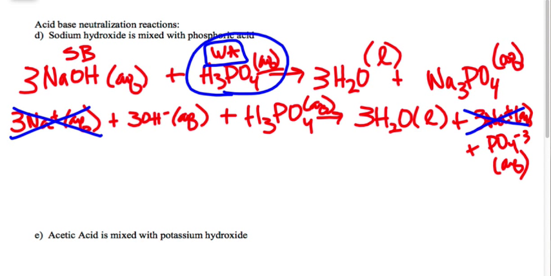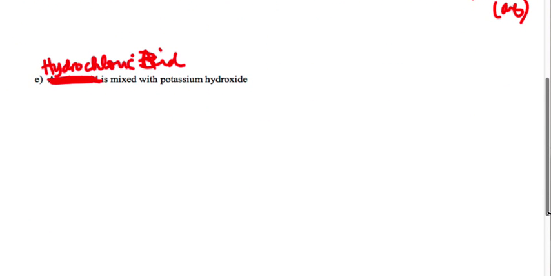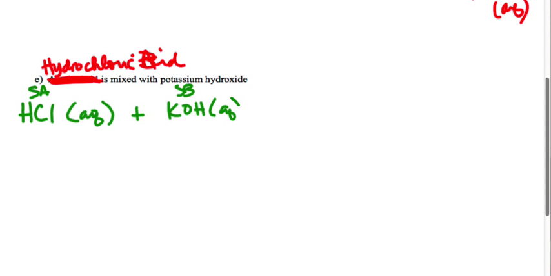All right. This one I'm going to change, because we already did a weak acid one, I'm going to make this a strong acid, strong base reaction, hydrochloric acid. HCl, we know, is a strong acid, so what do we write? Aqueous. Potassium hydroxide, strong base, so it is aqueous. Double replacement reaction, every acid and base reaction makes a water and a salt.